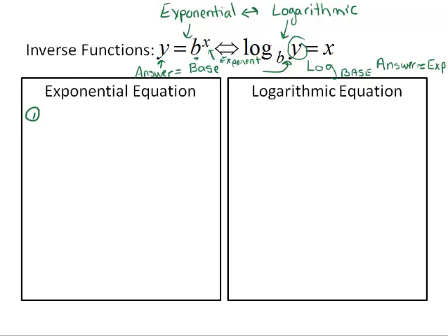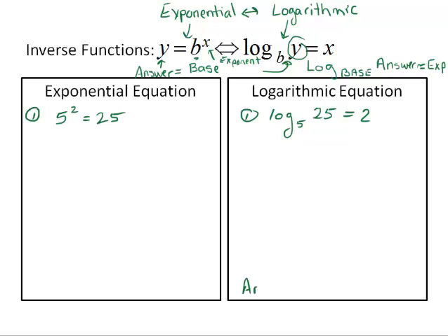So we're going to run through a couple of examples, starting with the easiest one. We all know 5 squared equals 25. So suppose I want to write that as a logarithmic equation. That means I'm going to write log to the same base, so base 5, and then of 25.